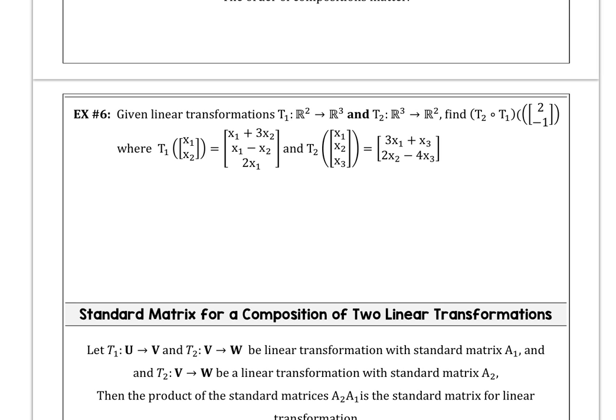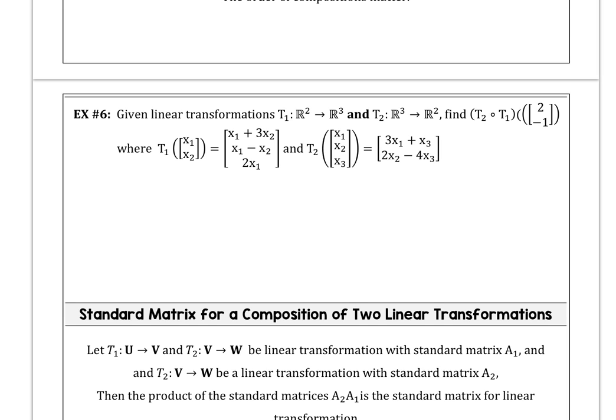If we're given linear transformations T1, which is going from 2 dimensions to 3 dimensions, and T2, which is going from 3 dimensions back to 2 dimensions, we want to find the transformation of T2 with T1 using (2, -1).